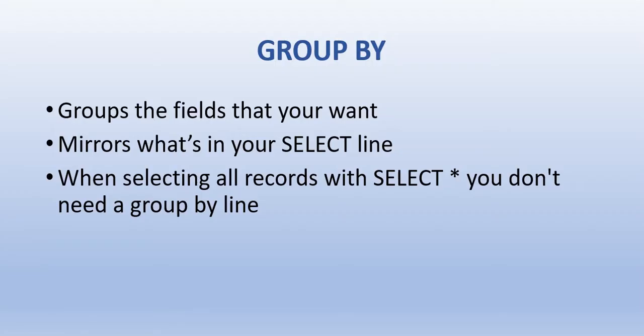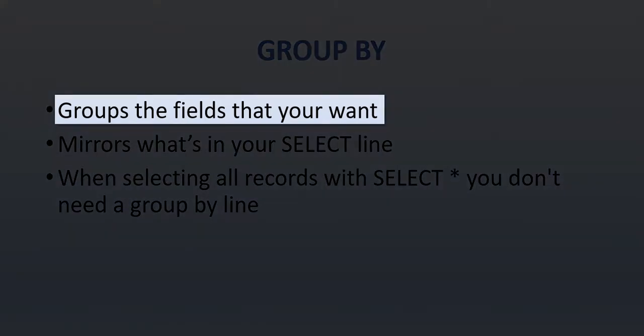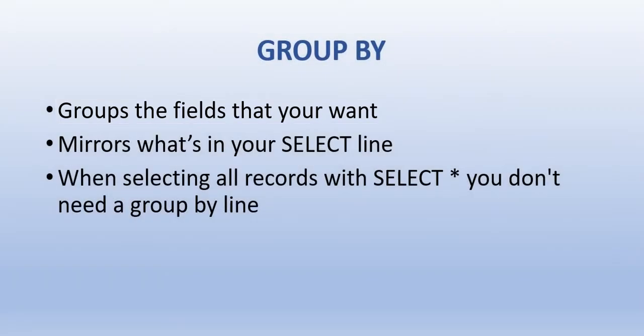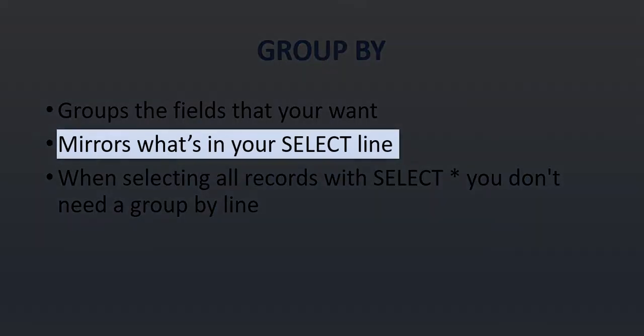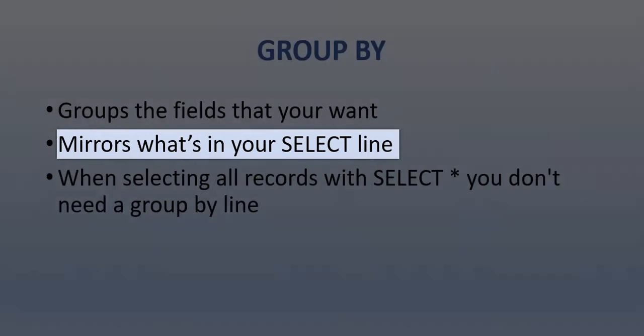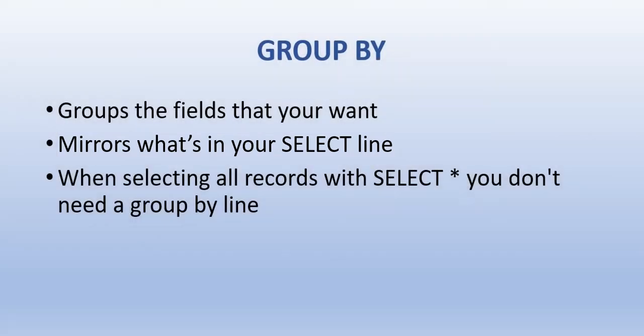Now the group by line is either going to follow your from line, or if you have a where line, it's going to follow your where. And what group by does, it says to SQL, group these fields that I select together. And here's a hint. If you name some fields in your select line, they have to be in your group by line, right?